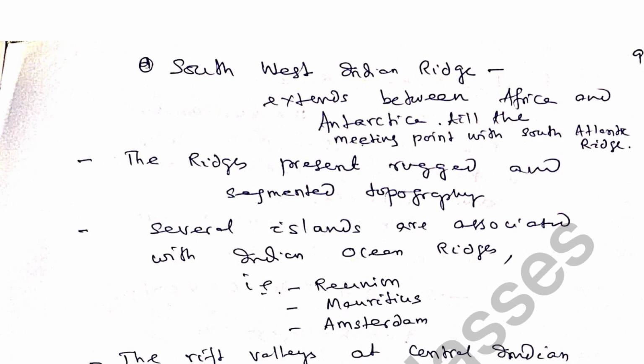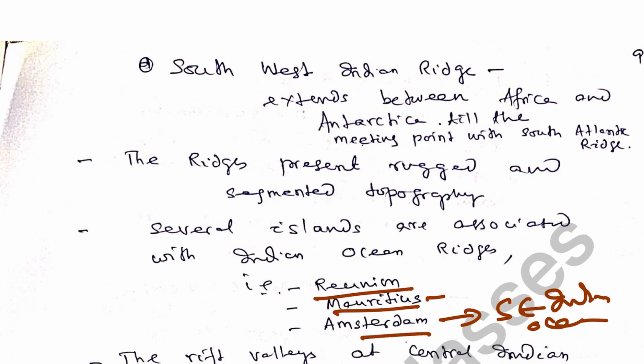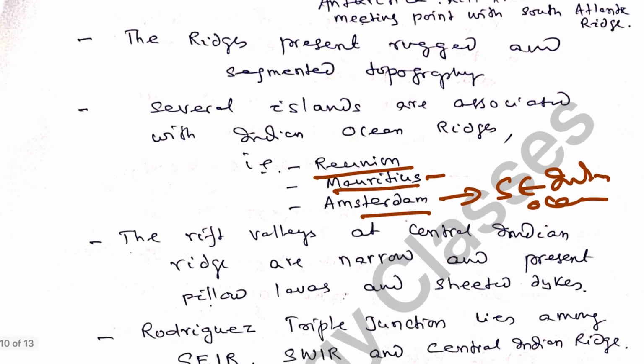Several islands are associated with the Indian Ocean Ridge, such as Reunion, Mauritius, Amsterdam. So these are the ridges which are found in the Indian Ocean.